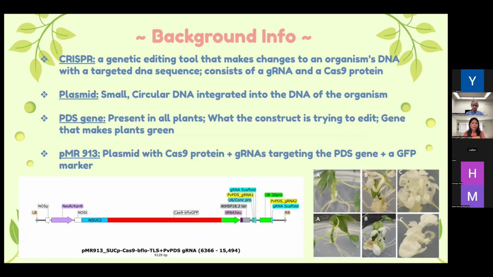And lastly, the plasmid that we used is called PMR913, and it contains the Cas9 protein, two guide RNAs that target the PDS gene, and then a GFP marker for expression. You can see a visual image of our plasmid in the left picture.